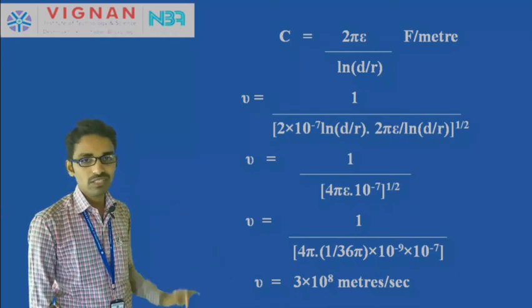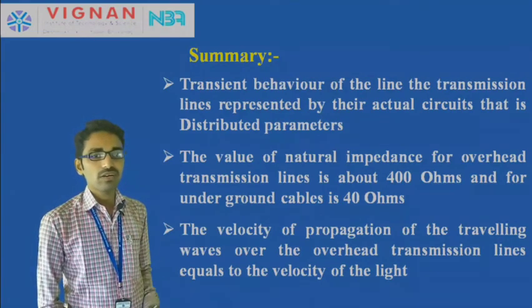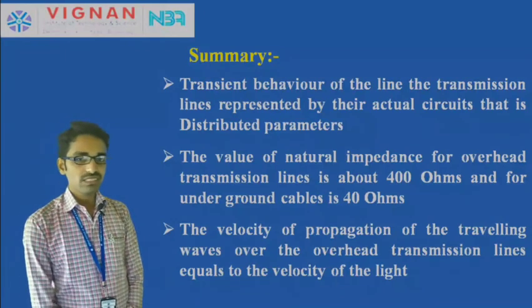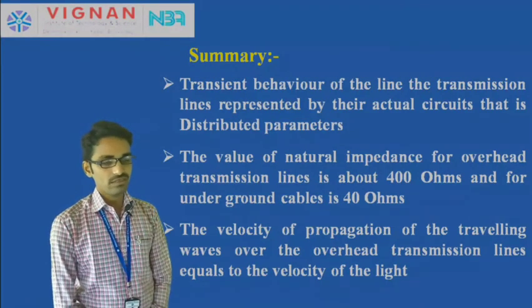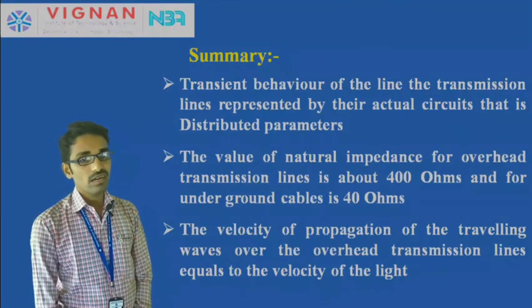It is also a competitive question. So, let us see the summary. What we have seen is the transient behavior of the transmission line, represented by actual circuit parameters, that is distributed parameters, whereas in the steady state analysis we represented it with lumped parameters.